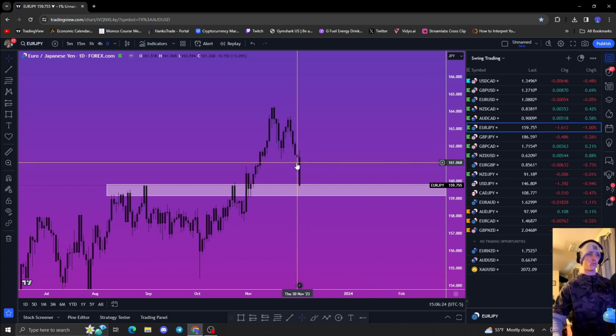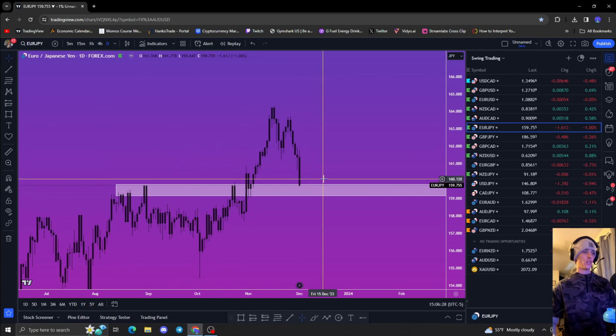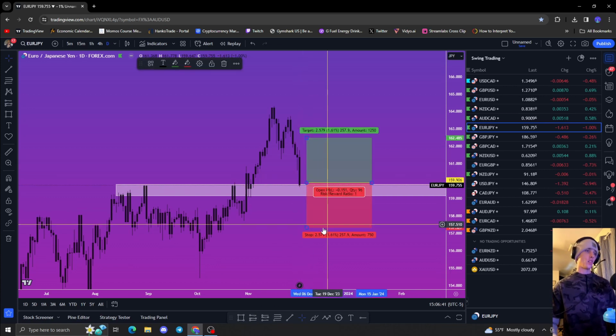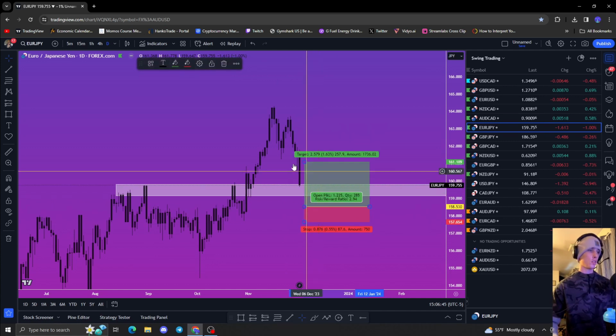So we have a lot of selling pressure coming into the zone. What I want to see is for price to pull a little bit deeper into the zone and stall out and give me some nice rejection wicks. If price starts to bounce away from the zone, like I've been saying, I will just take a buy with a stop loss somewhere below this zone here.